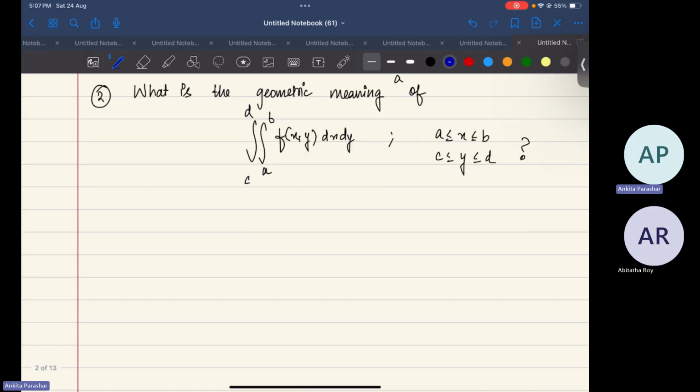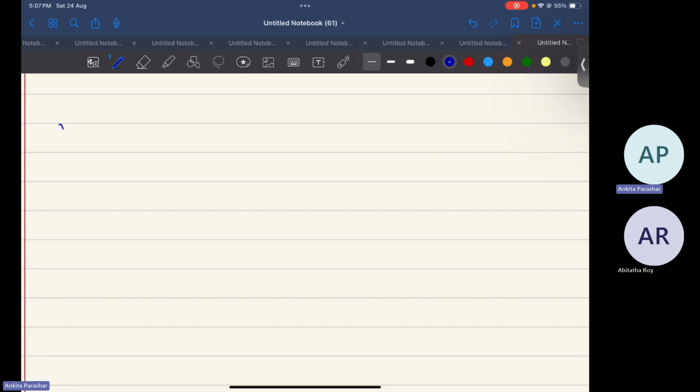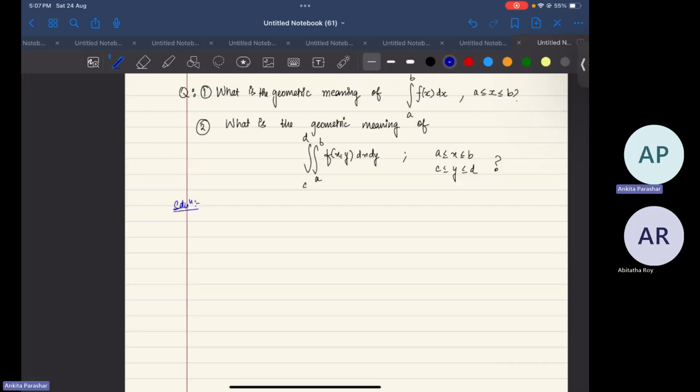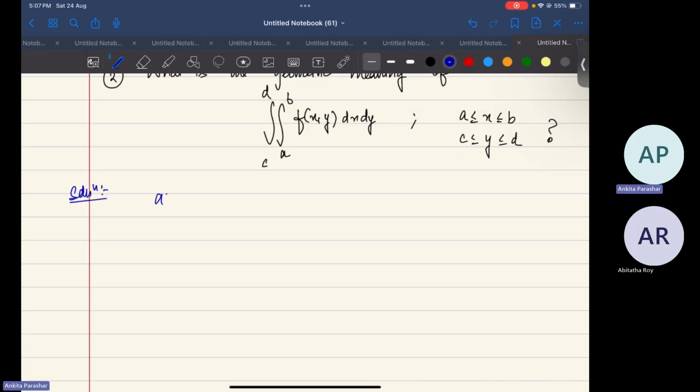It's correct. But let's see some idea behind how to see this as an area or volume. If I just simply see the first part, where I'm trying to say what is the integral from a to b of f(x) dx, and if I try to change it to this form, do you mind?